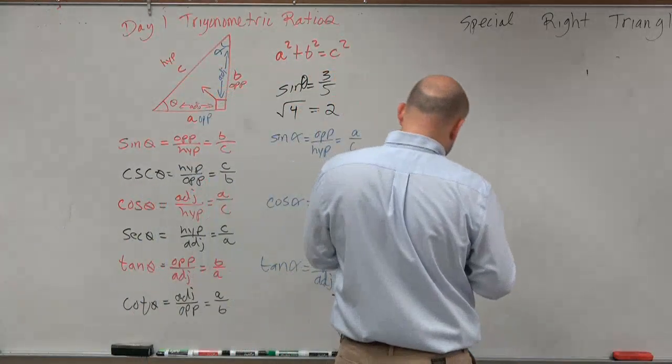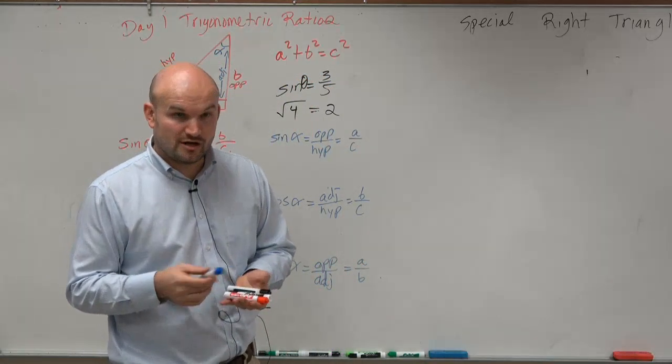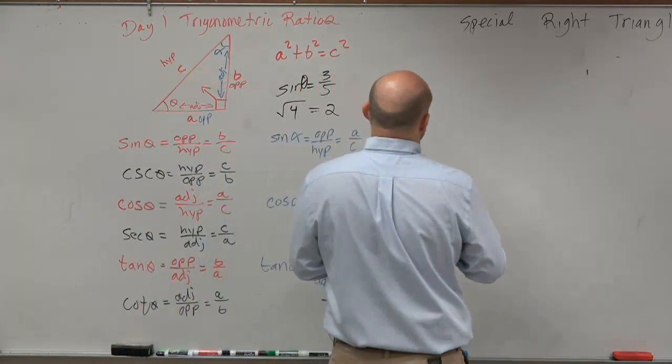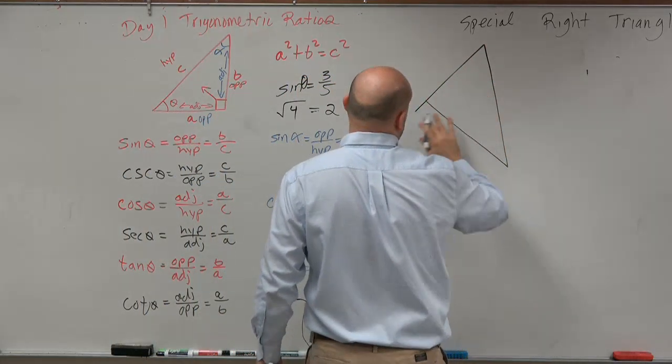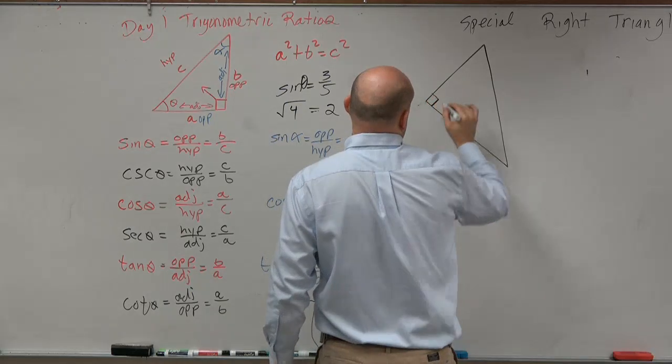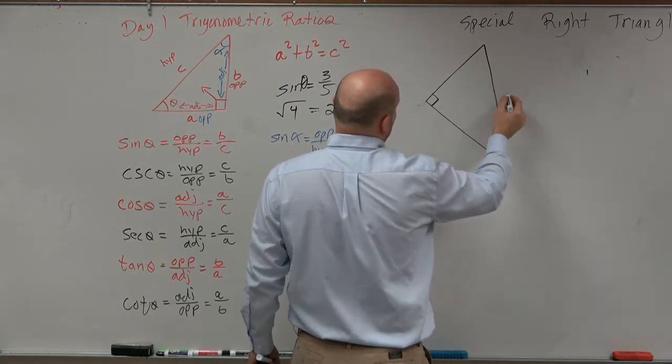So the next thing that we're going to do is take a triangle and see if we can figure out all six trigonometric ratios.